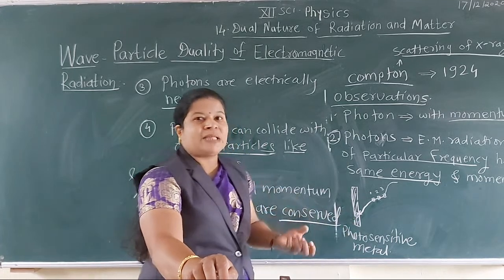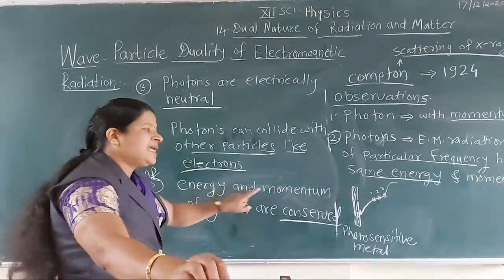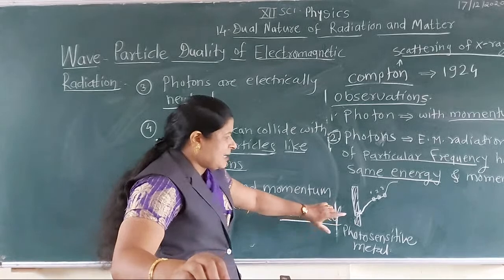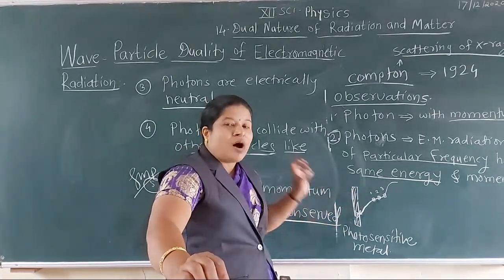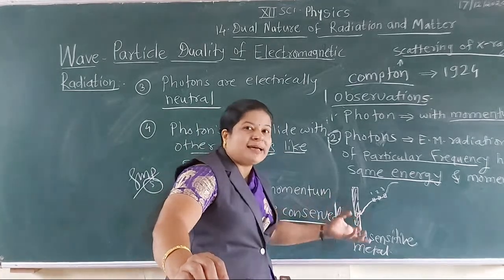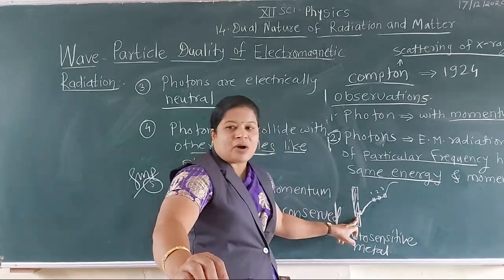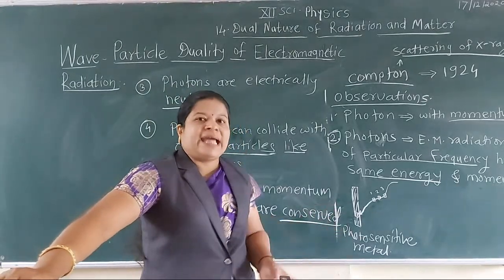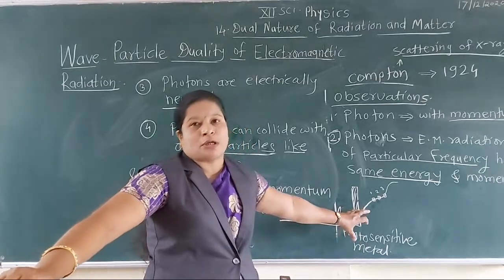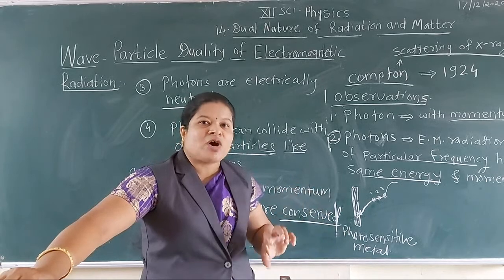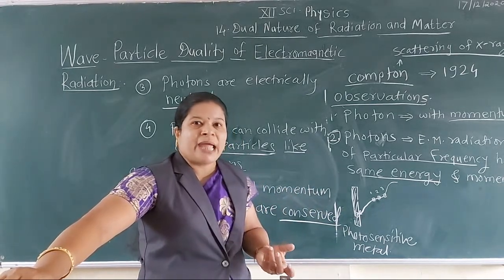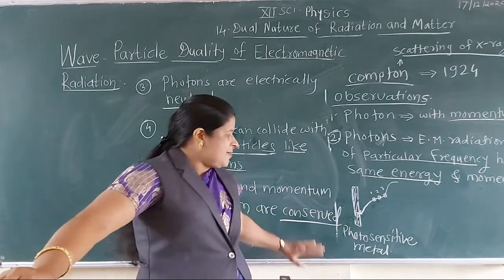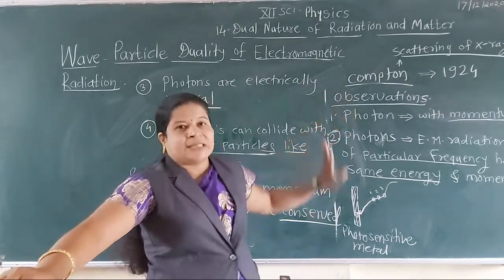Energy and momentum of the system are conserved. That means the photon gives all its energy and momentum to other particles like electrons, and the electrons get all the energy from that photon. So there is a conservation of energy, transformation of energy from one particle to another particle. This is the important observation from this experiment.